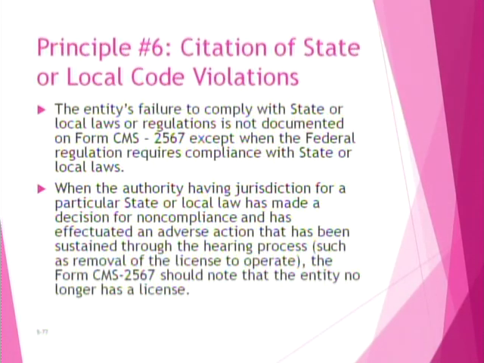When the authority having jurisdiction for a particular state or local law has made a decision for noncompliance and has effectuated an adverse action that has been sustained through a hearing process, such as a removal of a license to operate, the form CMS 2567 should note that the entity no longer has a license. Sometimes this gets a little tricky, and it may be something that you would need to talk to your supervisor about.